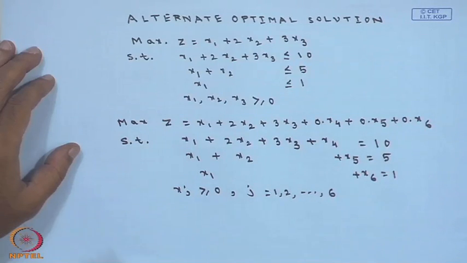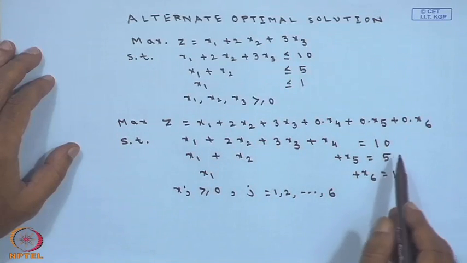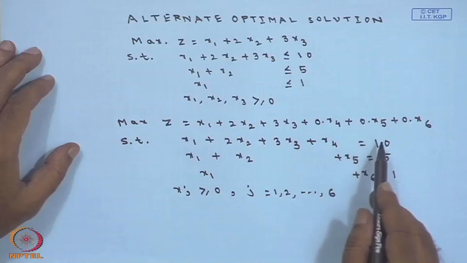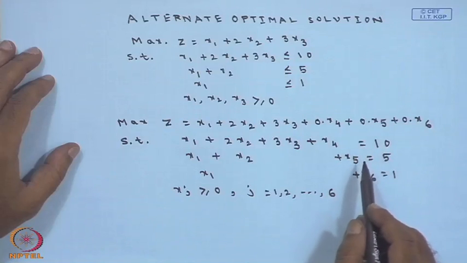Already we have done the standard form of this one. By incorporating the slack variables for the 3 less-than-or-equal-to constraints, we get the standard form.